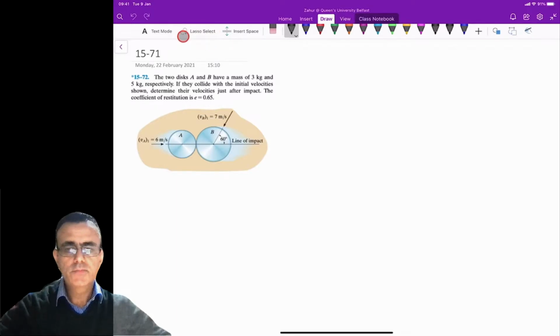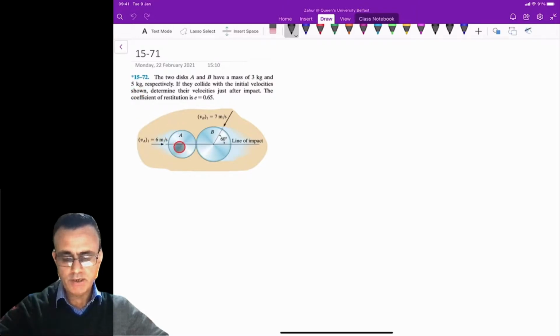Okay, so this example again is taken from the RC Hibbeler book, and this is also one of the examples in your tutorial sheet. In this case, the two discs A and B have masses of 3 kilogram and 5 kilogram.